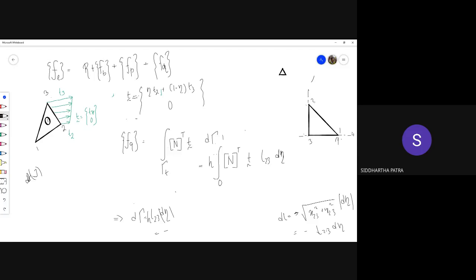Okay, now you can either take all elements numbered in counterclockwise fashion, or you can choose all the elements to be in clockwise fashion.